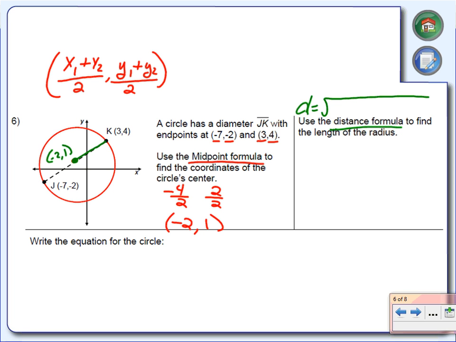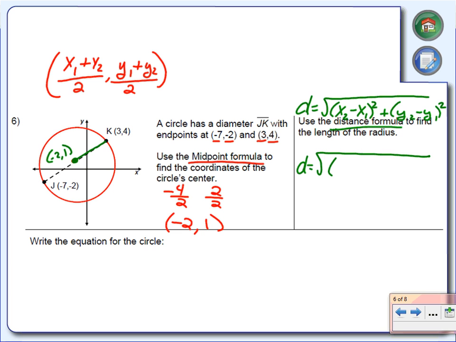It's d equals the square root of x2 minus x1 squared plus y2 minus y1 squared. So this is the formula we're going to use to find the distance from the center to that point 3, 4.